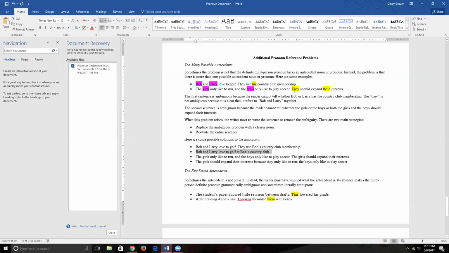So we've decided that they just refers to the girls, not to the boys. We say the girls should expand their interests because they only like to run. This they is not ambiguous. It clearly refers to girls. Now you might say, but interests is a plural noun, right? But that doesn't make any sense. The girls should expand their interests because their interests only like to run.